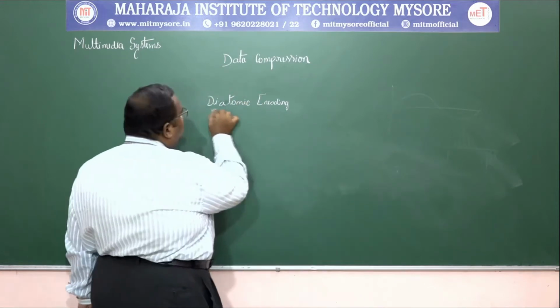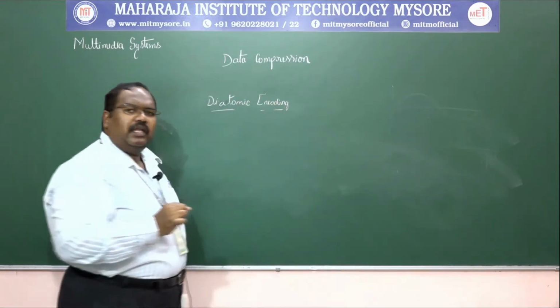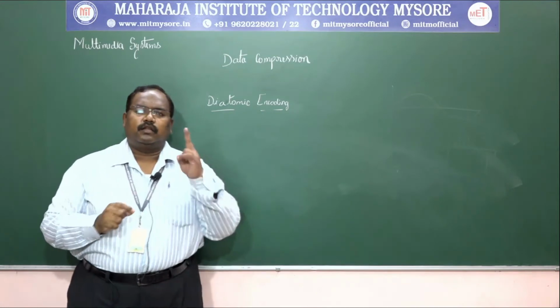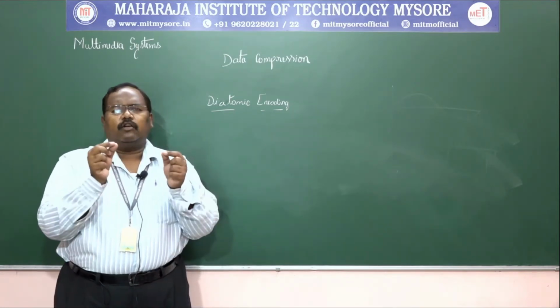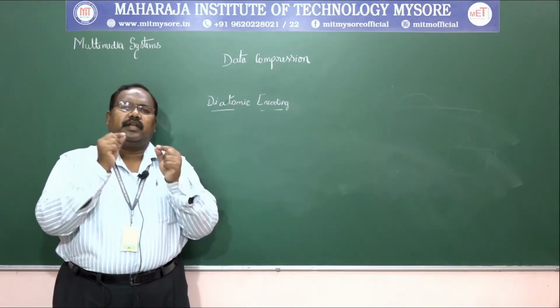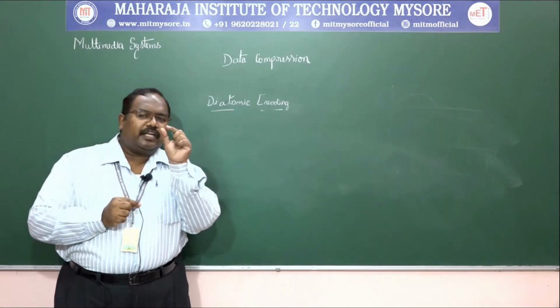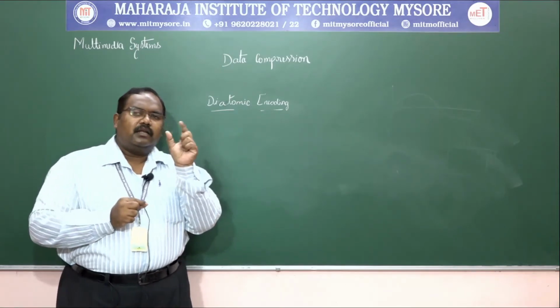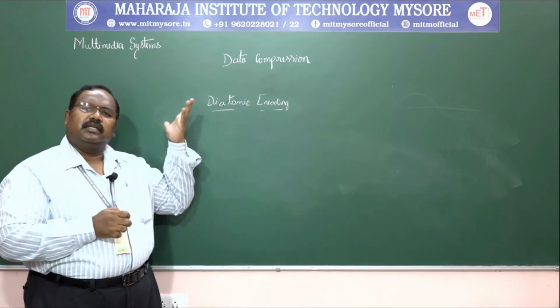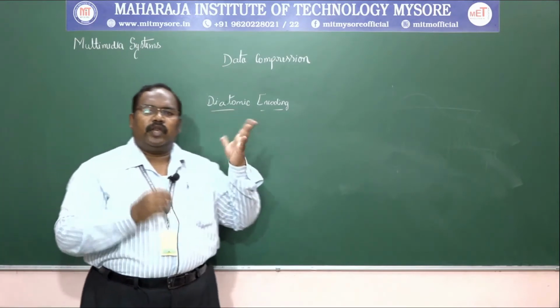Now look at this word itself. The name itself says "di", two, and "atomic", which is said to be the smallest entity. So the smallest entities of two are combined for the encoding process. The name itself makes the concept very clear.